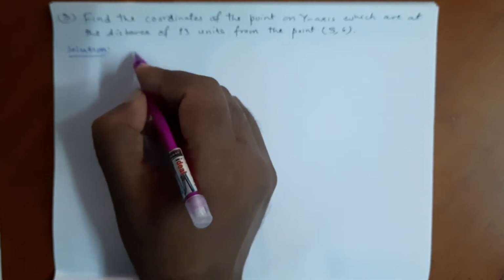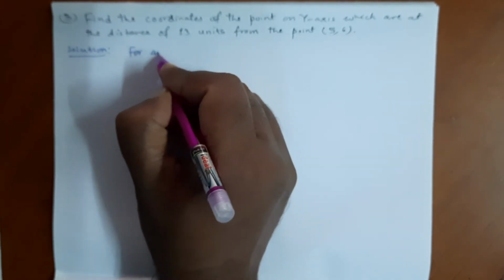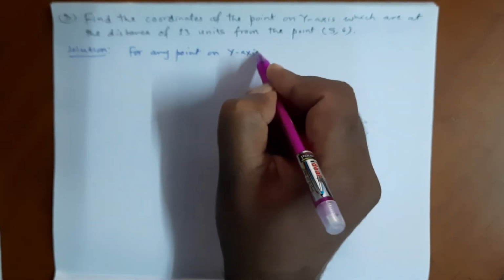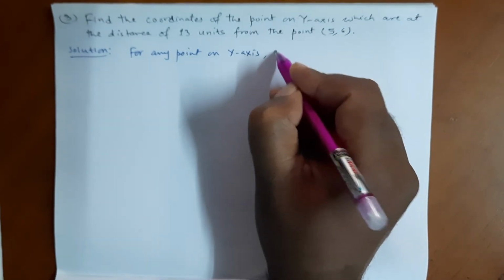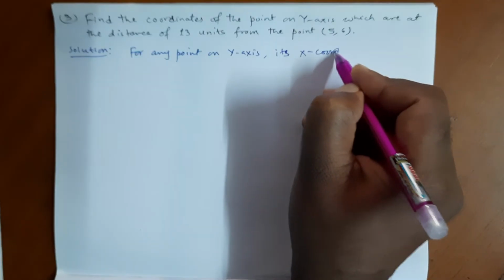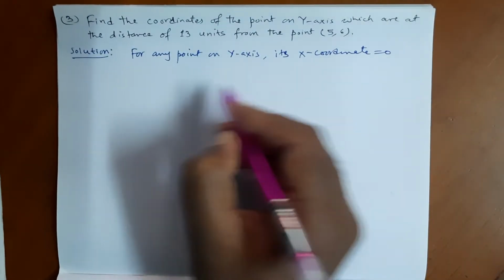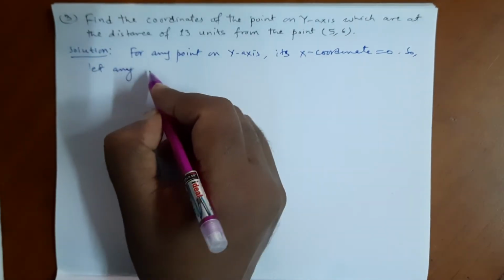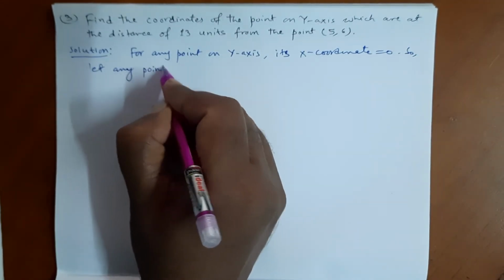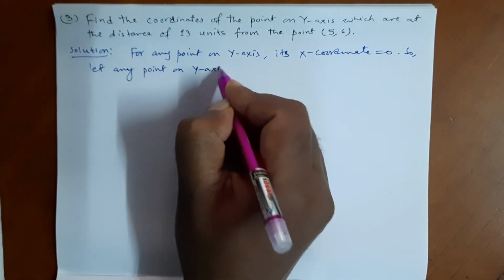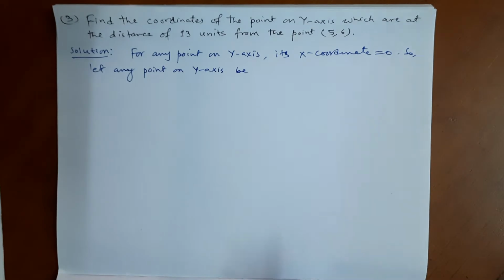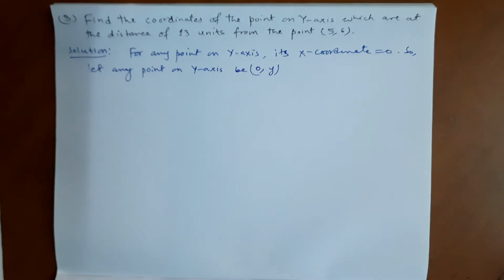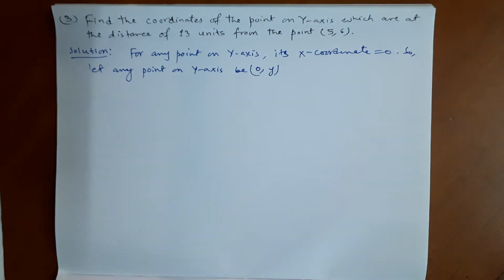So for any point on the y-axis, its x coordinate equals 0. So let any point on the y-axis be (0, y).